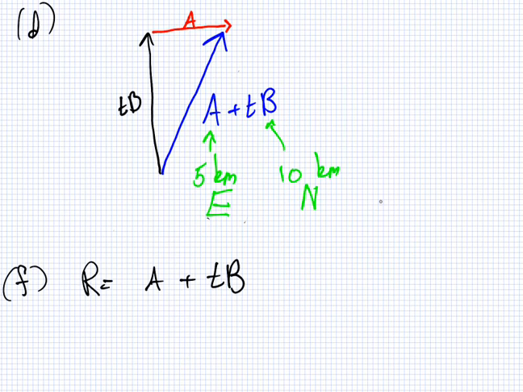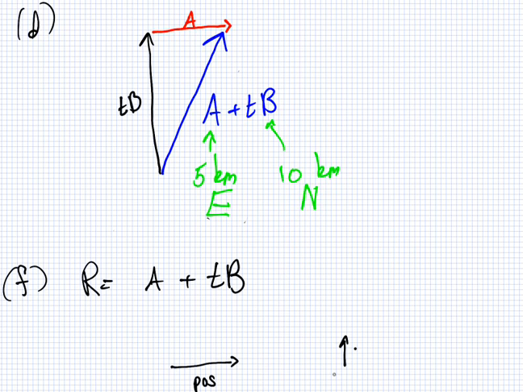Okay. So what do you think? The dimension is B squared, right? B squared. And the unit will be 10 kilometers. No, not this. Let's have a look at it.